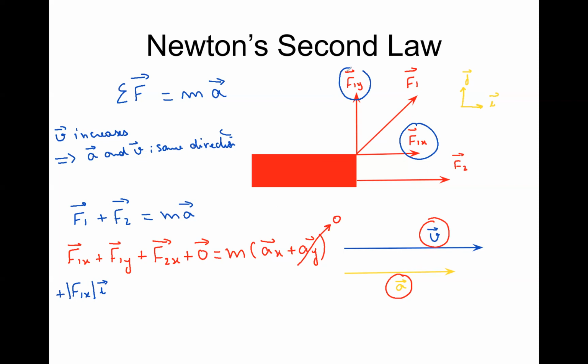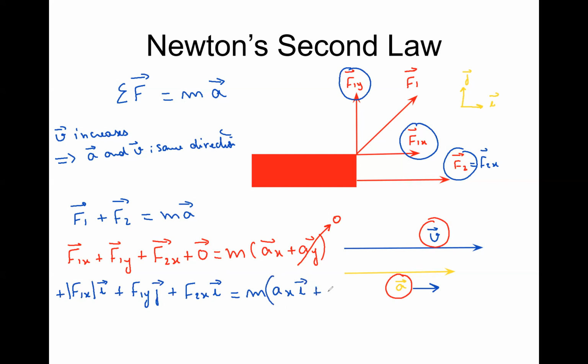F1y is in the positive J. F2x is in the positive direction, F2x equal MAX in the positive direction, we can say AXI.